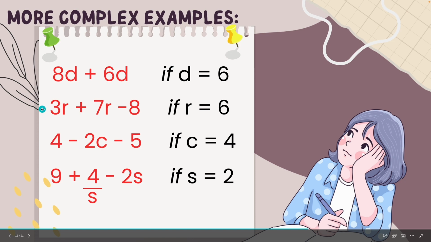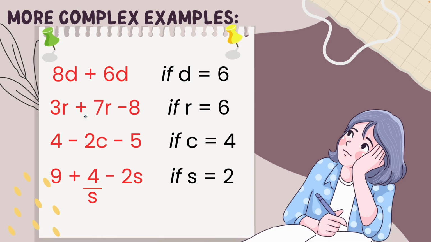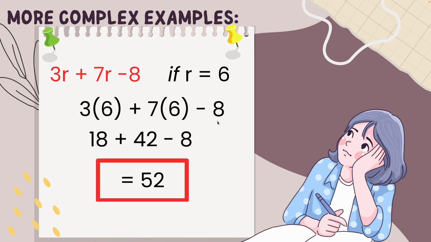Let's go to the second example. 3r plus 7r minus 8 if r is equal to 6. So just the same thing that we had a while ago. Let's substitute variable r to the given constant, which is 6. So 3 times 6 plus 7 times 6 minus 8.